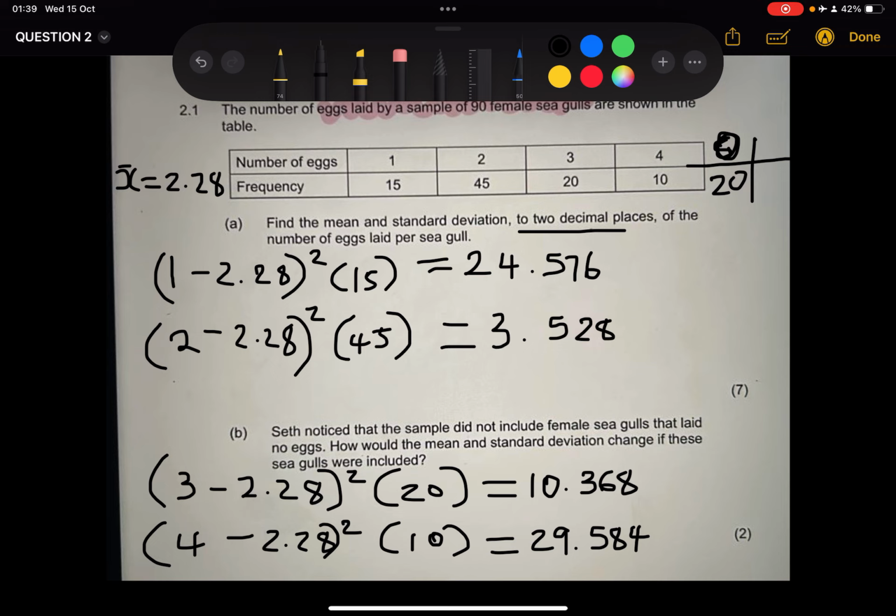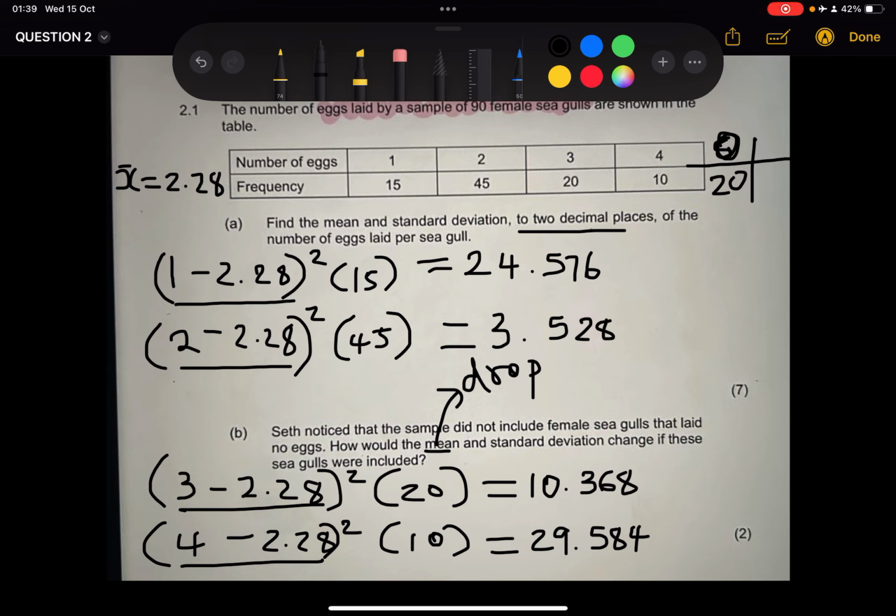And remember, if the mean gets smaller, it means our deviations are getting bigger. And if the deviations are getting bigger, it means the standard deviation would increase. So your answer here would be mean drops. If they need a reason, it is because we are dividing by a bigger number now.